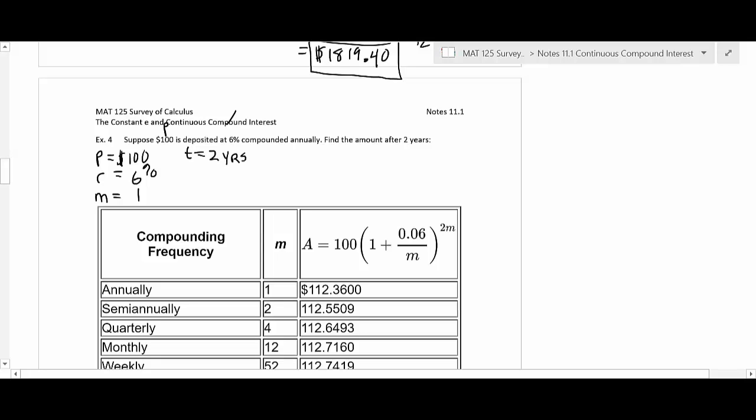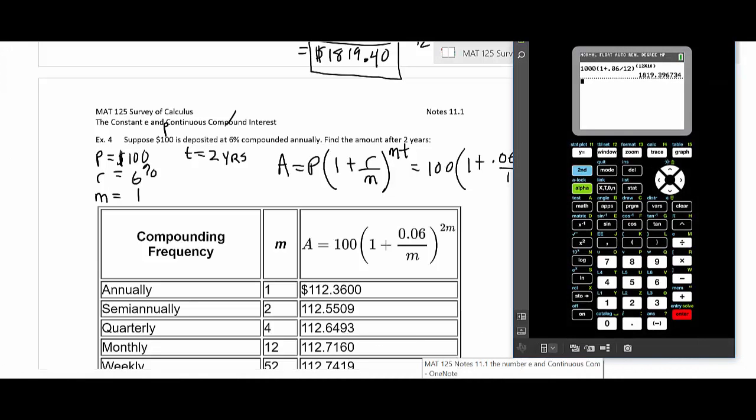When you plug this in, you don't have to write the formula down, but if that's helpful to you, you can certainly do that. Just start plugging numbers in, get your calculator out, see what you get. So principal is 100. You have 1 plus 0.06 divided by 1, and M is 1 and T is 2. So that's how that gets plugged in.